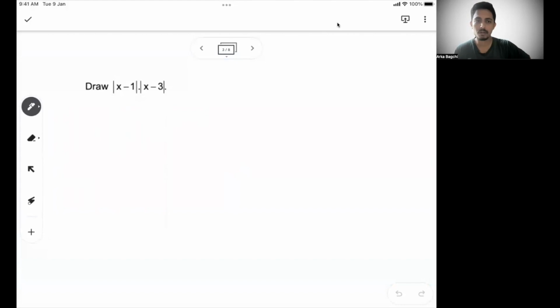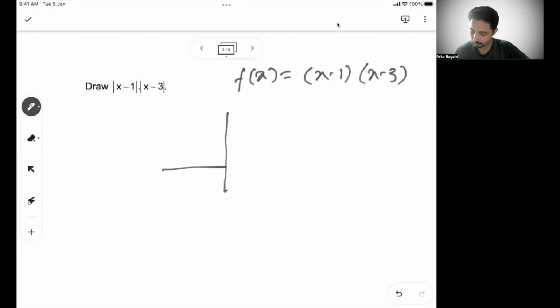Okay, draw mod of x minus 1, mod of x minus 3. So it is the same as saying y equal to x minus 1 times x minus 3. Now if I can draw this first, let me see. So it is basically a quadratic equation. How is a quadratic equation drawn?